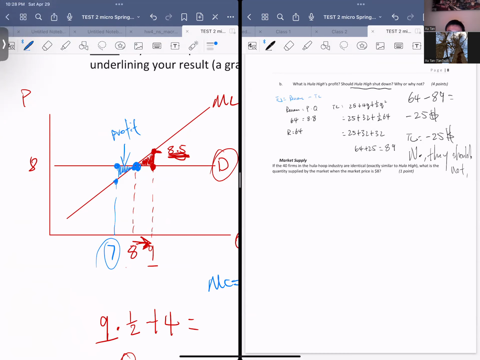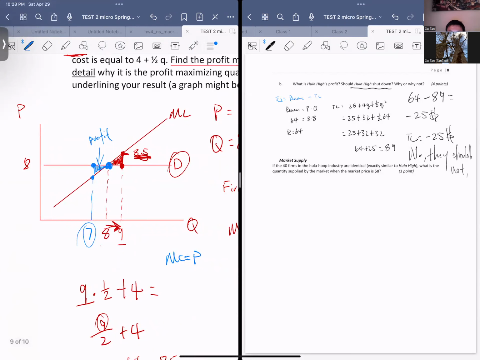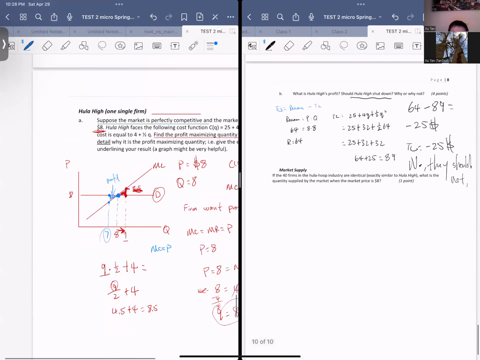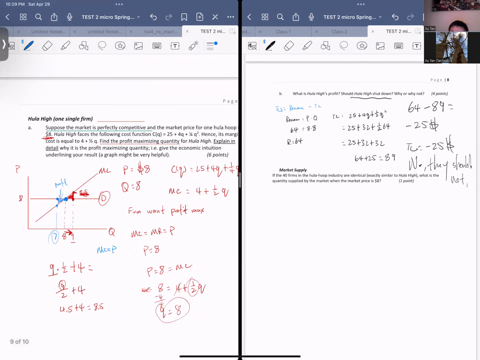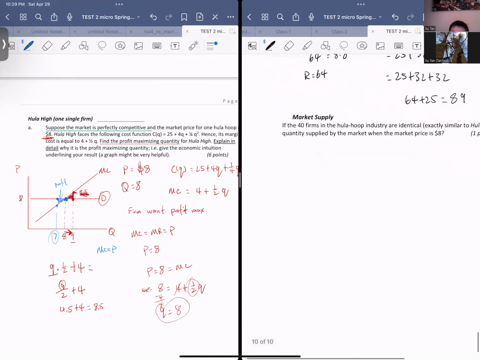But when average variable cost equals price, that's our shutdown point, right? So how can we calculate variable cost?